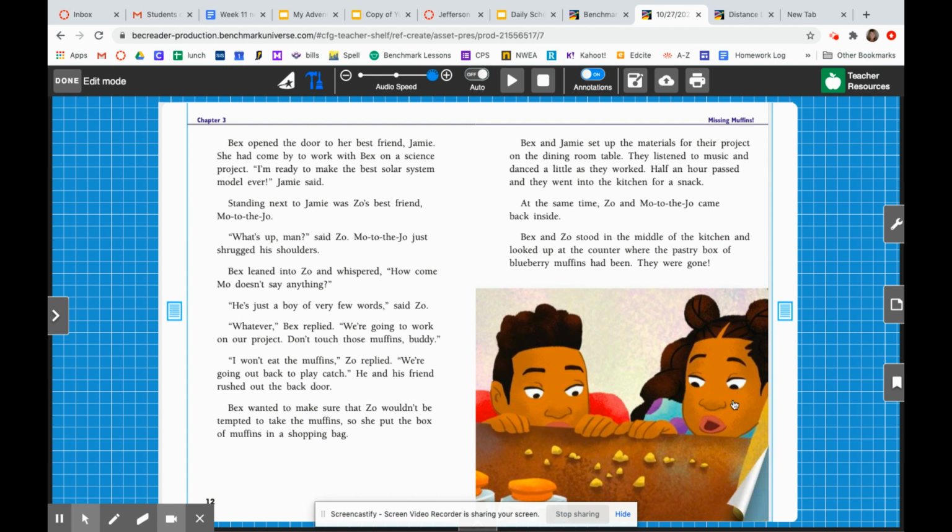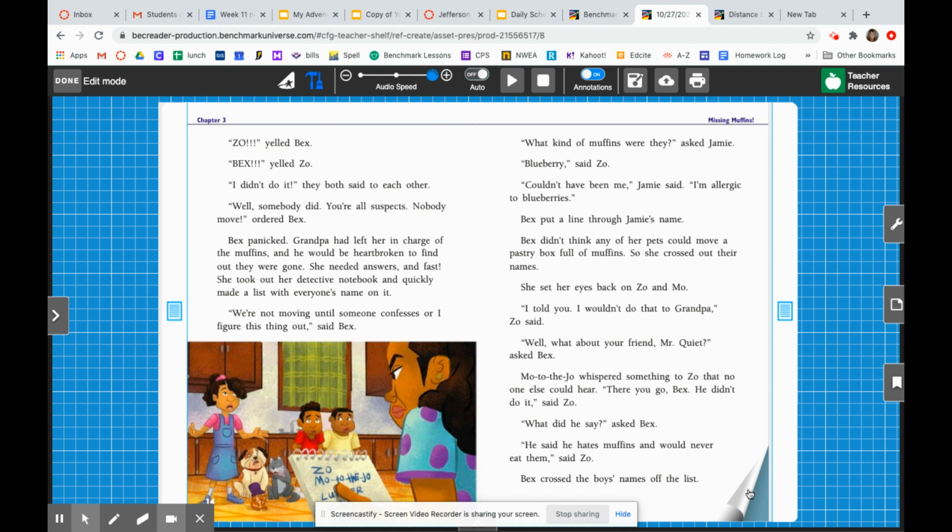Oh, look at that. Mm-hmm. Bex and Zoe, you can see they have a look of like, oh, surprise or astonishment. This one looks frustrated or flustered. That's one of our vocab words.